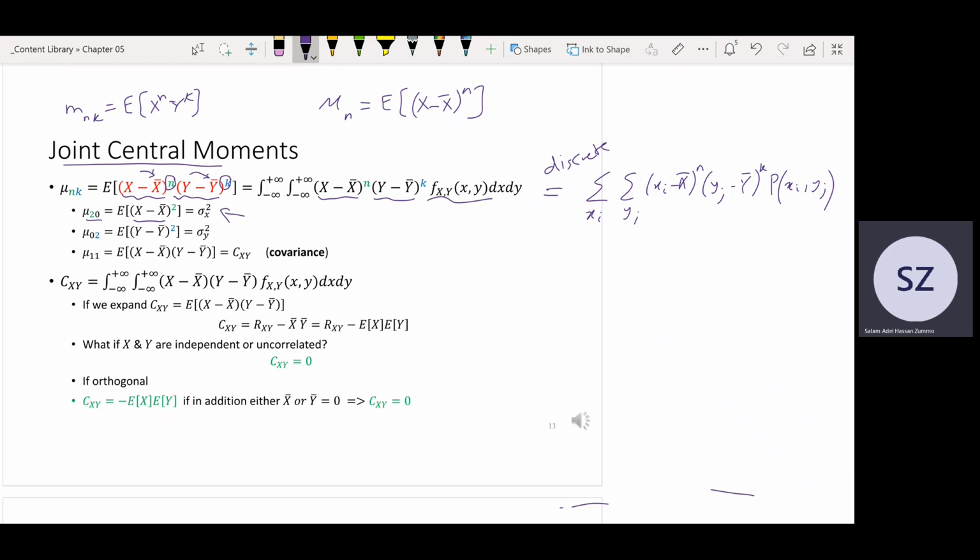Okay, so the joint central moment when k equals 0 gets you the variance of x. Similarly, when n equals 0 and k equals 2, we get the variance of y. Now, the most important joint central moment is when n equals 1 and k equals 1, which we call the covariance.